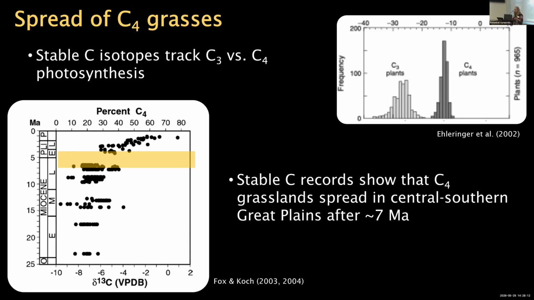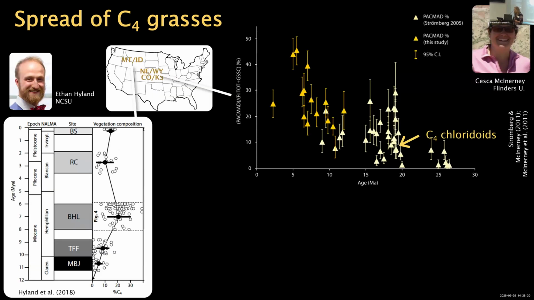And what you can see there is that C4 grasslands or C4 grasses started to become important after 7 million years. And phytolith studies have supported this time frame. So PACMAD phytoliths start becoming abundant at around after 10 million years, and more so after 7 million years.